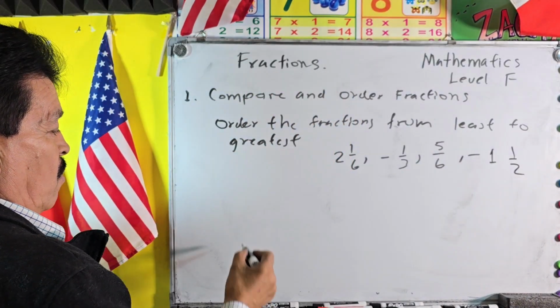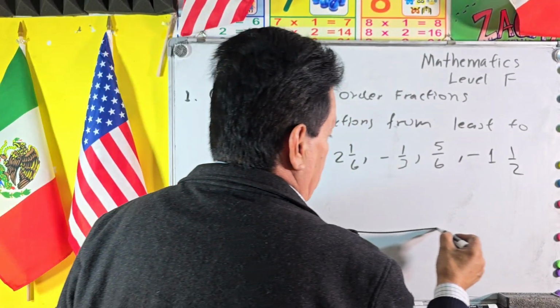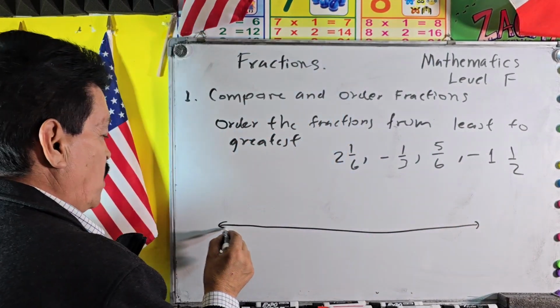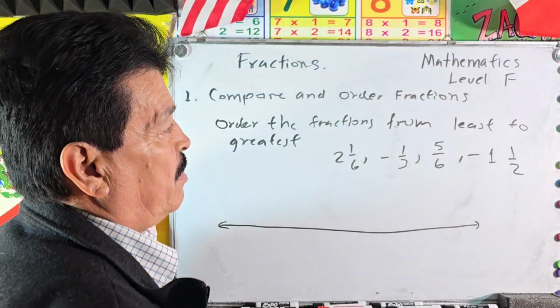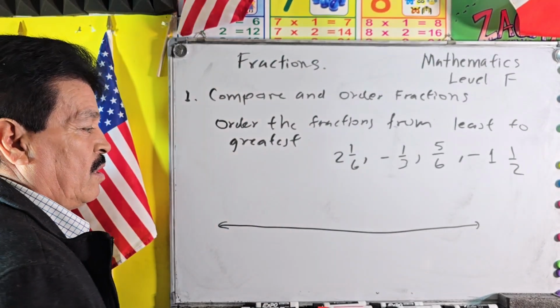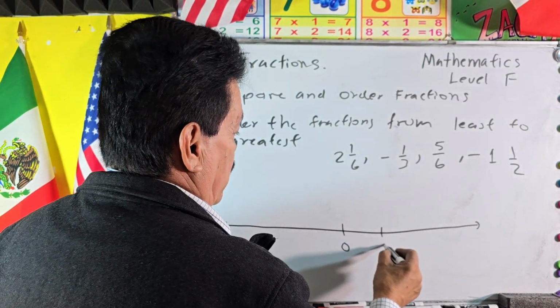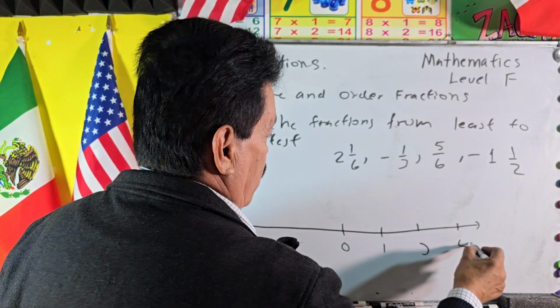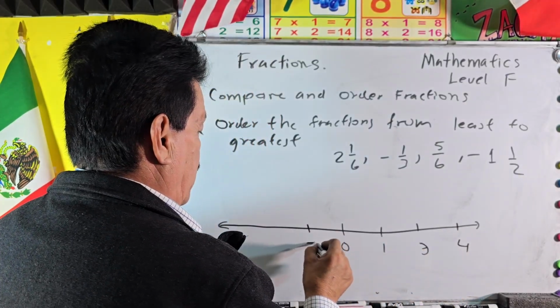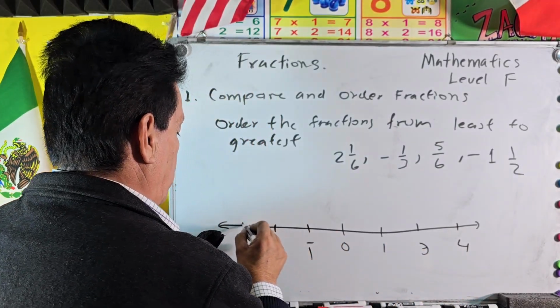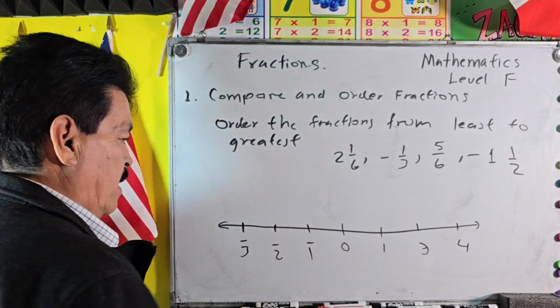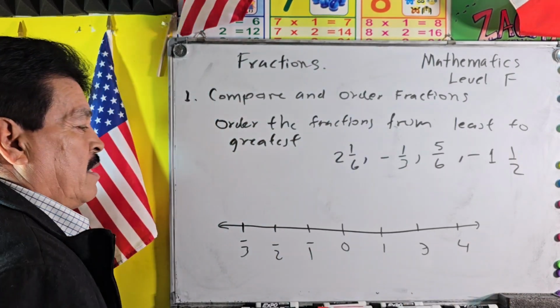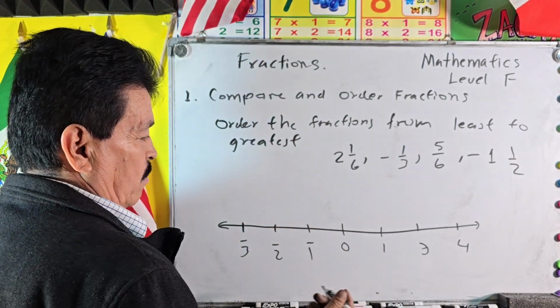So we use the number line. If you use the number line, you can order numbers or fractions, and that's very helpful. For instance, we have 0, 1, 2, 3, 4, and negative 1, negative 2, negative 3. These are whole numbers. The fractions are in between, so we have to divide.